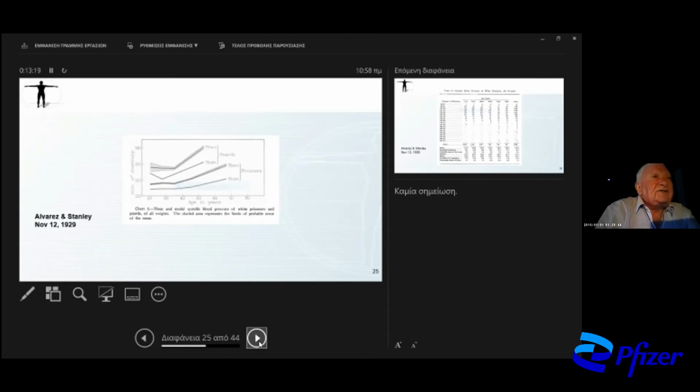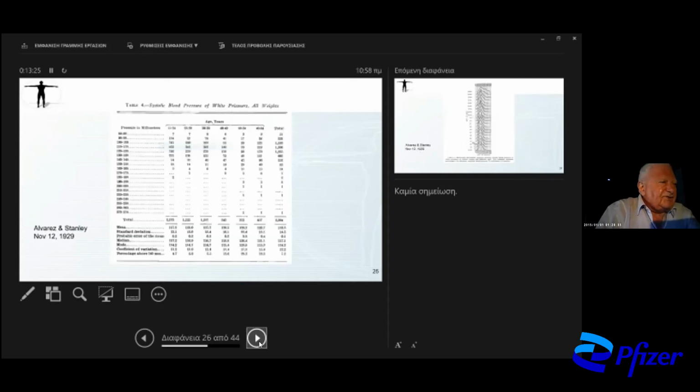Probably the guards were in stress, were in danger, etc. Here is another publication from the same paper, 1929, about changes in systolic blood pressure of white prisoners according to weights and the age groups.